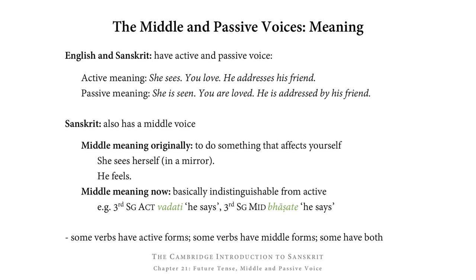You can tell because the third singular ending isn't ti, but te. In its meaning, it's identical, it's indistinguishable from an active, but in its forms, it's different, it's middle. Some verbs you will see have active forms, some verbs have middle forms, and some verbs actually have both.